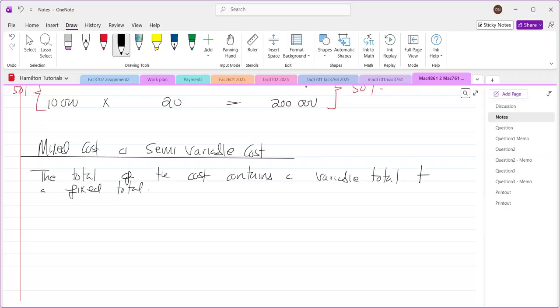So when we get the total cost, it is made up of a variable element and a fixed element in one. So it is a mixed cost or semi-variable cost.